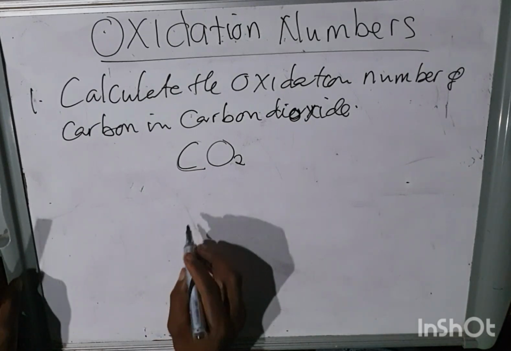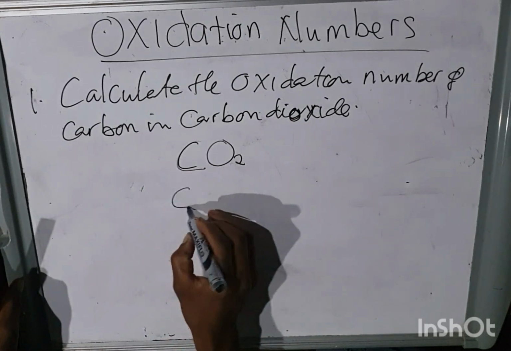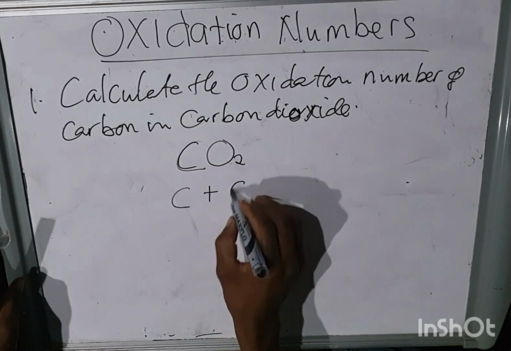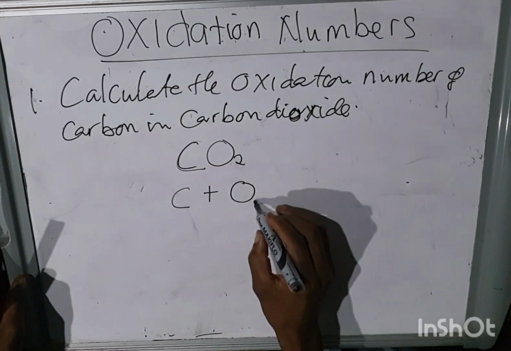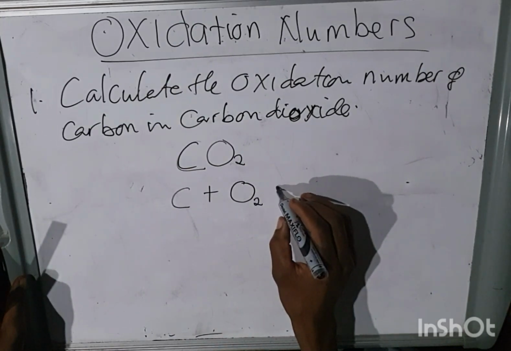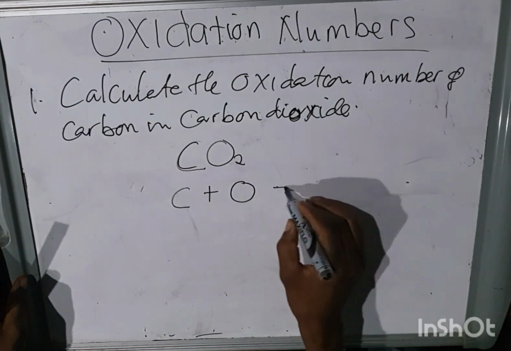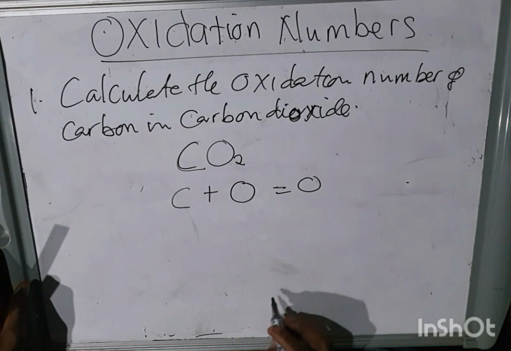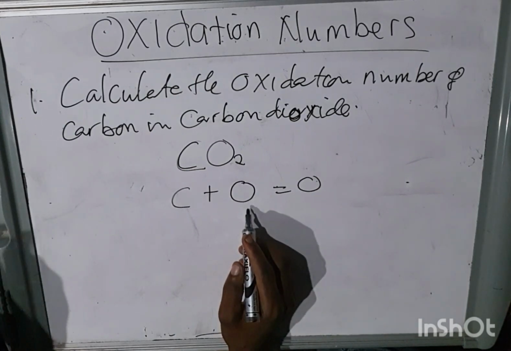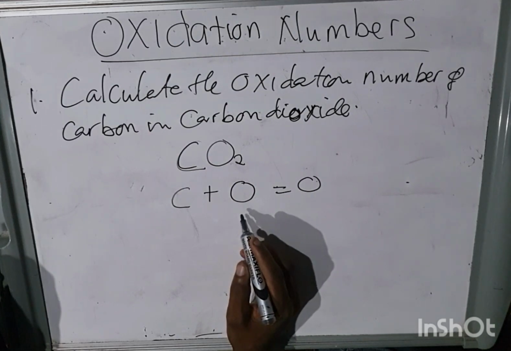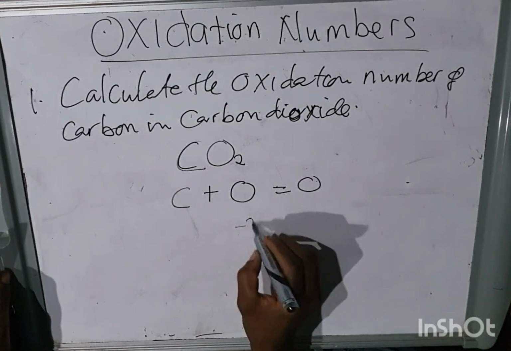So when you add the oxidation number of carbon plus the oxidation number of oxygen, it gives us 0. The oxidation number of oxygen, from the rules we learned earlier, is -2.